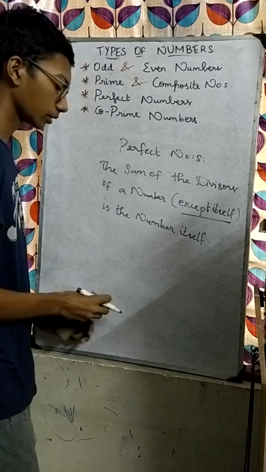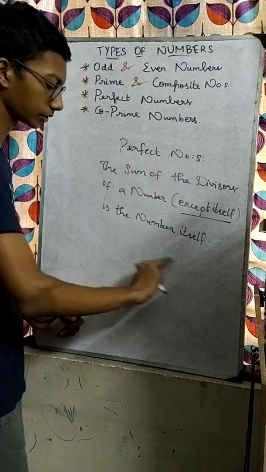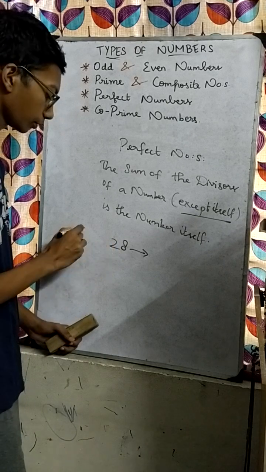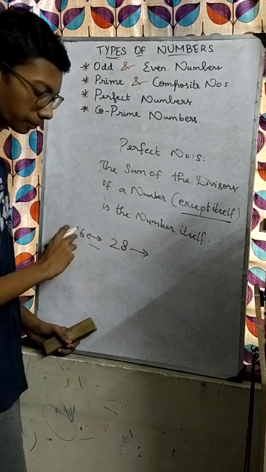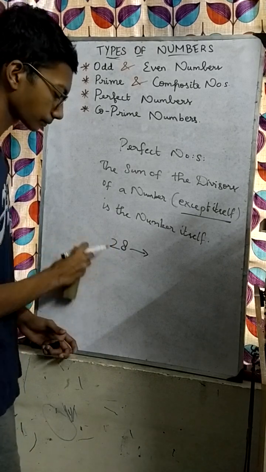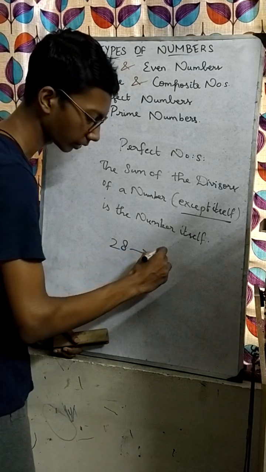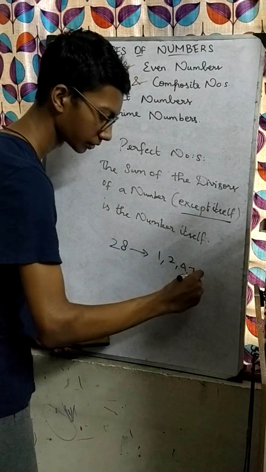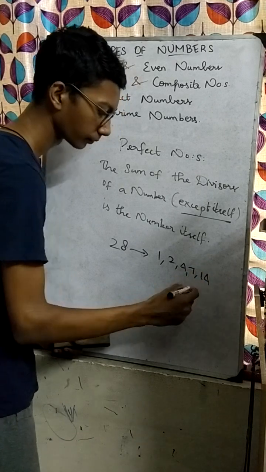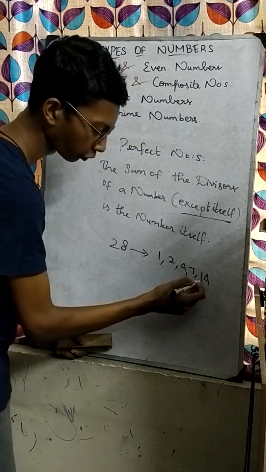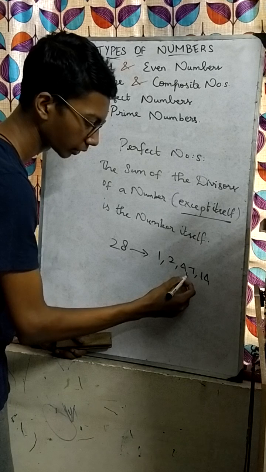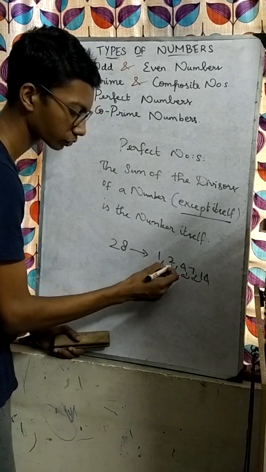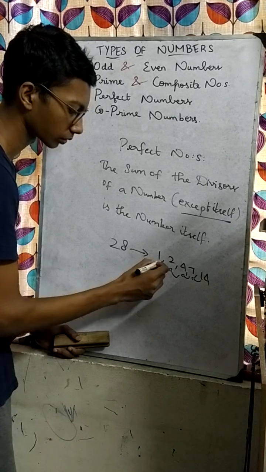The next perfect number in the system is 28. All the numbers between 6 and 28 are not perfect numbers. So we will take 28. The divisors are 1, 2, 4, 7 and 14. If we add all these, 14 plus 7 is 21, 21 plus 4 is 25, 25 plus 2 is 27, 27 plus 1 is 28.